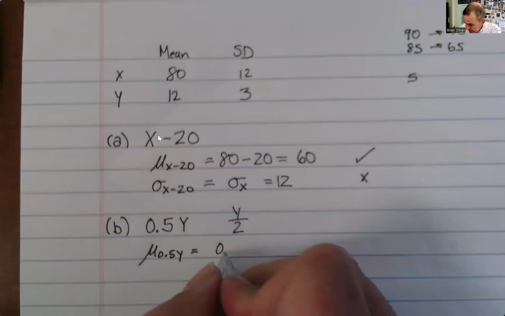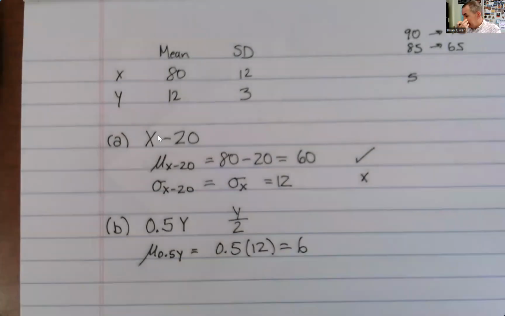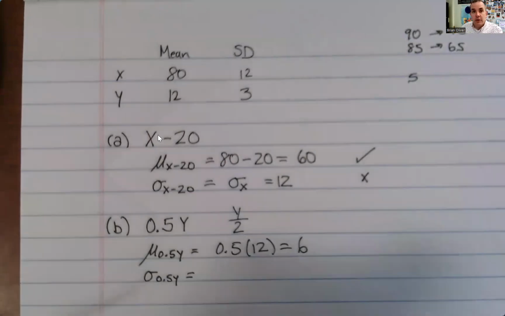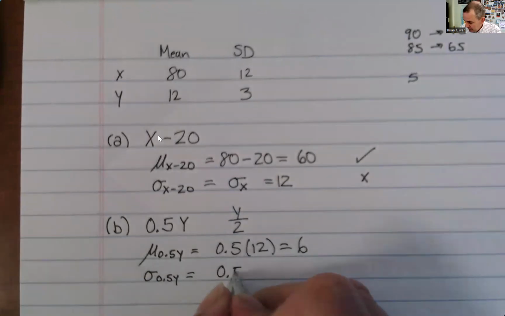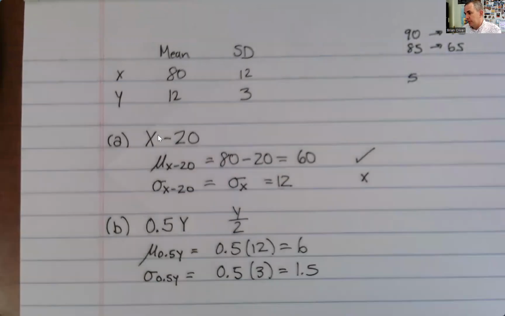I multiply 0.5 times the original mean of Y, 12, and that gives me 6. So with means, whatever it says to do, do. When it comes to standard deviations, when I multiply or divide, I actually do it as well. So I take that 0.5 and multiply it times 3, so my new standard deviation is 1.5.